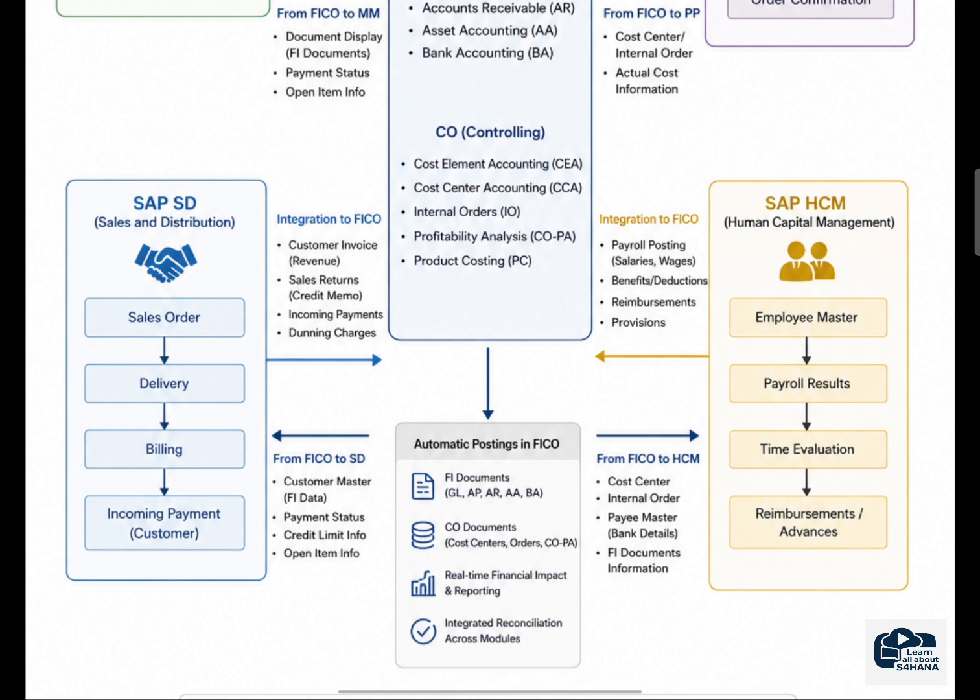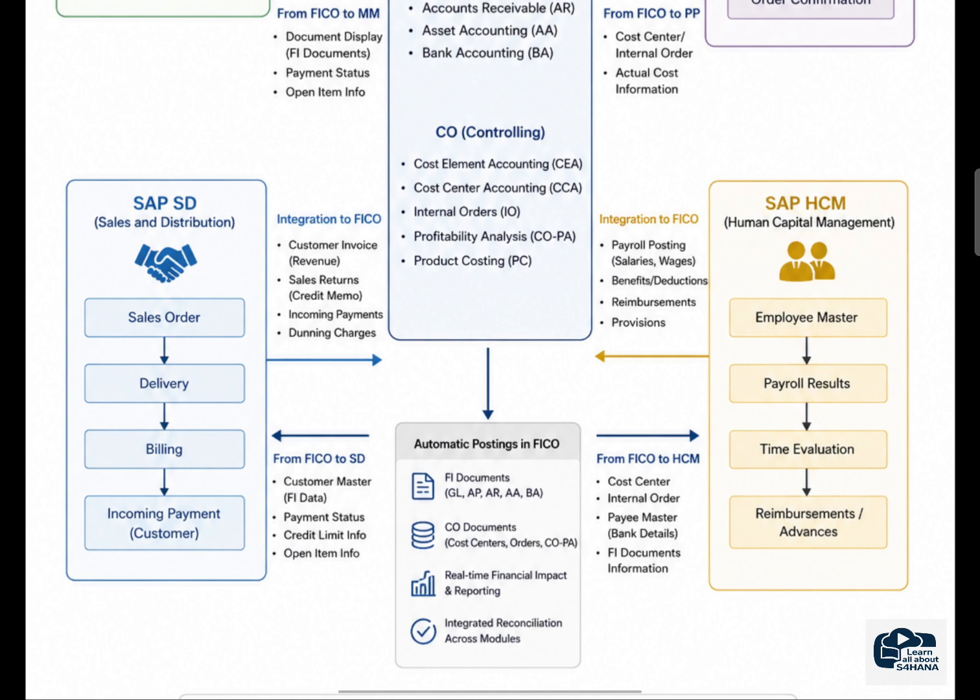When SAP HCM is integrated with FICO and the payroll is run in SAP HR, the system generates accounting documents for salaries, taxes, and deductions, and everything is posted automatically to financial accounting.